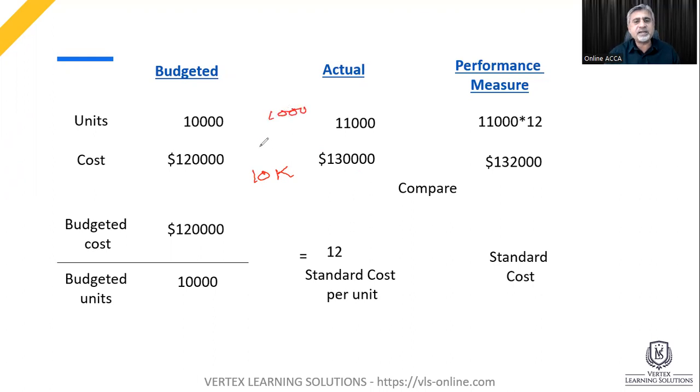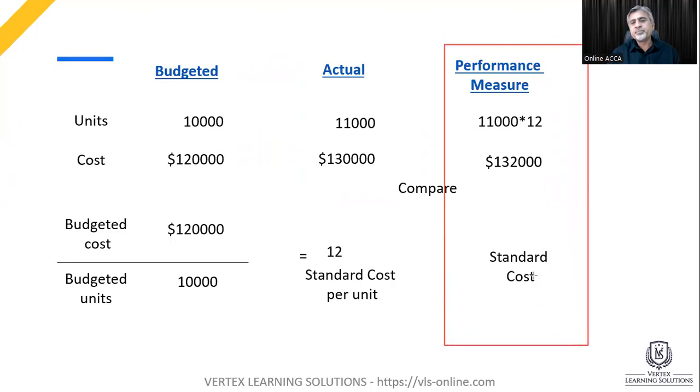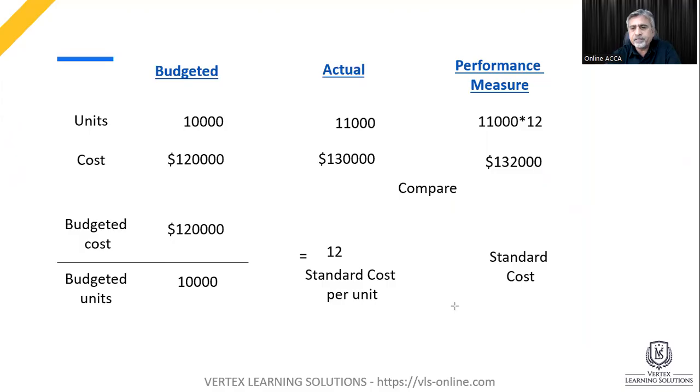Please consider that as well. That makes sense. So this budget and this actual, I cannot compare. Why? Because the number of units are different. So I make another column here, which is the performance measurement column. And then let me just see if there is something more different here.